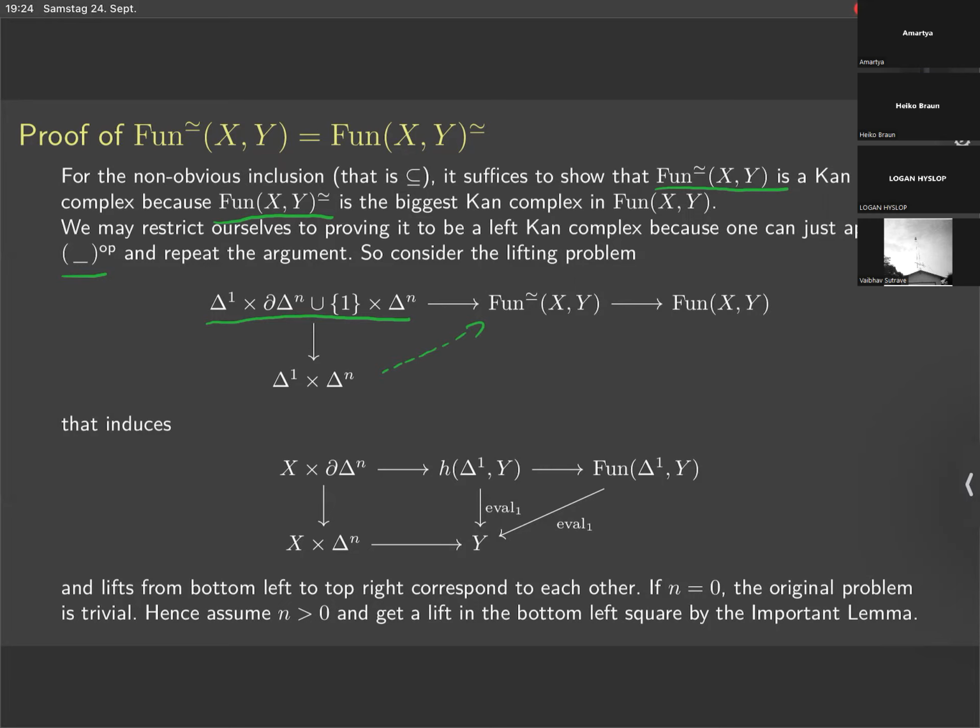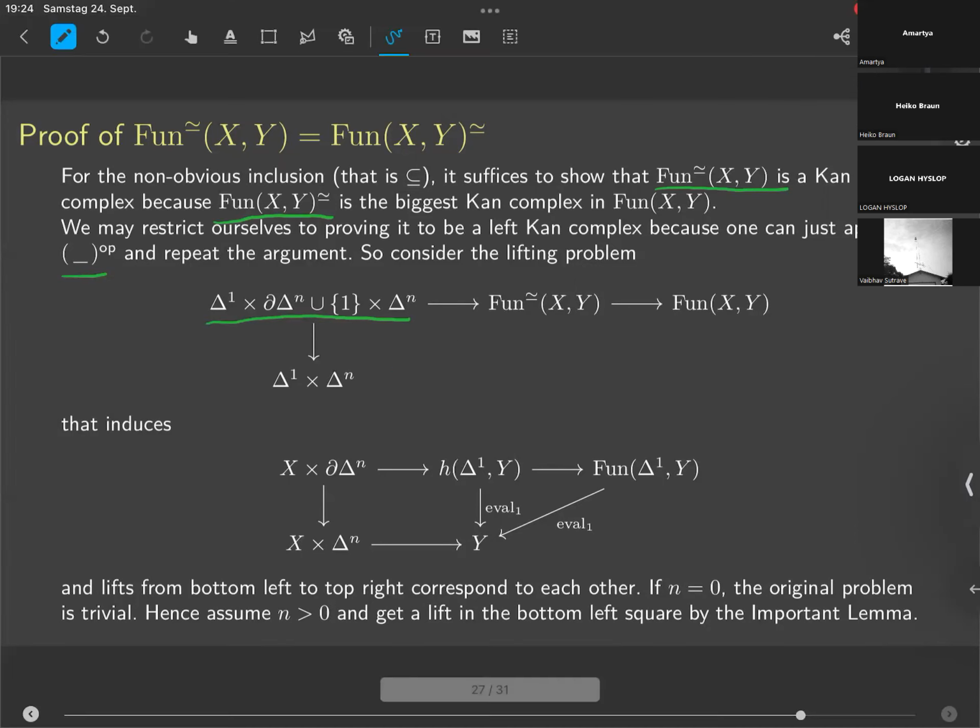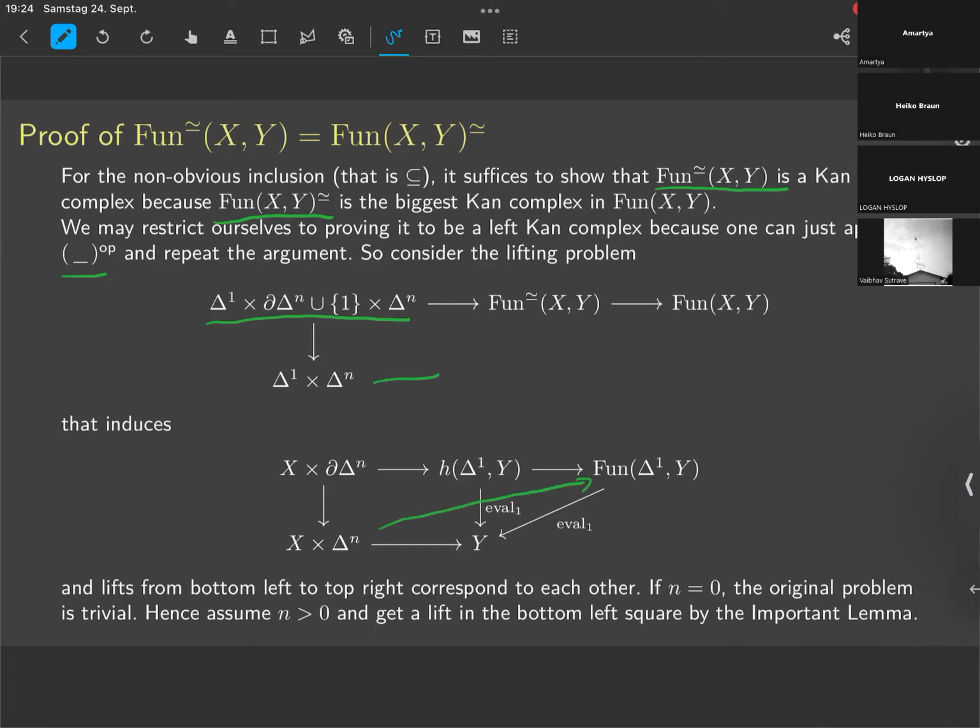So we take this diagram and join it to here. And now lifts from here to there correspond to lifts from here to there. And the question is, when do those lifts actually go also to here? This is what we really want.